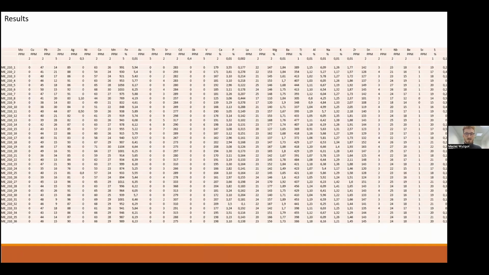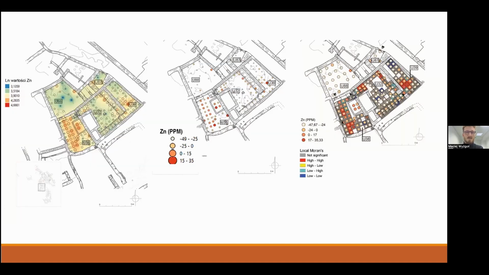This is an example of the raw data: values of 33 elements in samples from a single room. I already skipped uranium because there was none in the samples that were analyzed. The data was mapped in QGIS.